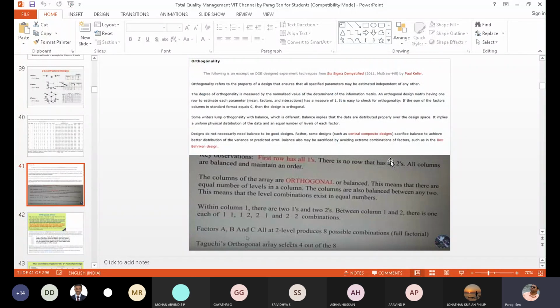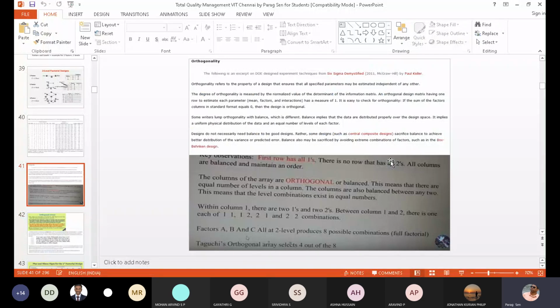And not only that, here we assume that a balanced design, which is orthogonal in nature, is a very good design approach. But you should also know that there are some design approaches which are not balanced at all. For example, the Box-Behnken design is not a balanced design as such, but still it is a very good design approach.